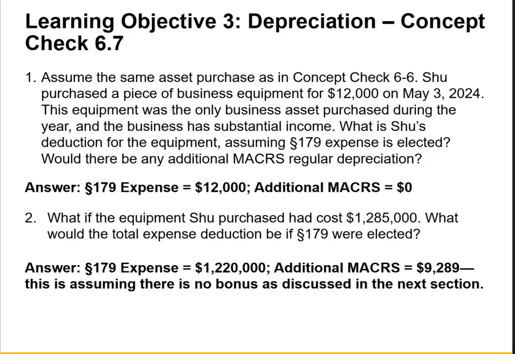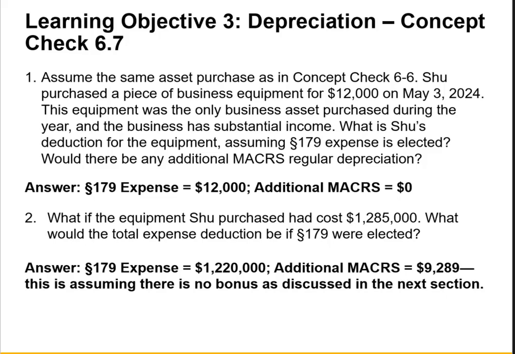So the other $65,000, we would then go back to the tables using the 7-year column, multiply it by the number there to find out what the additional regular depreciation is. In year two, we would continue to use the $65,000, just that part, to calculate depreciation, just like if we had bought an asset and not used the Section 179.